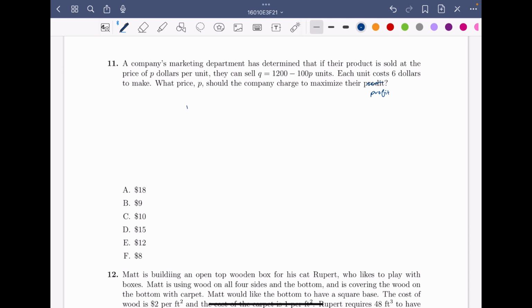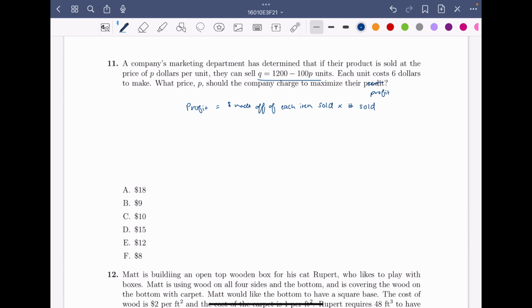So if we're looking at profit, we know that profit equals the money made off of each item sold times the number sold. So in our given, we can see that Q, or the number of items sold, equals 1,200 minus 100P units.